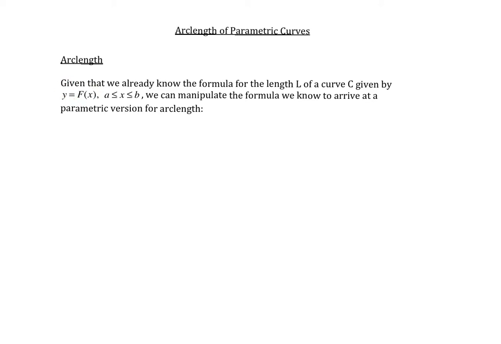We saw in the past that the arc length L is equal to the integral from a to b of the square root of 1 plus dy dx quantity squared dx, right?